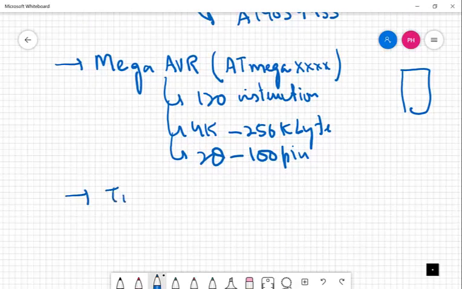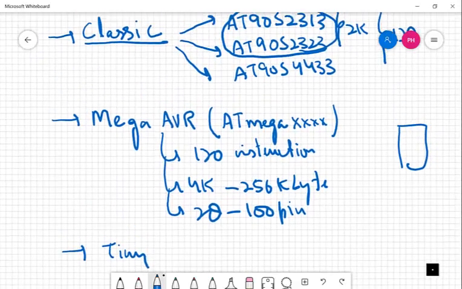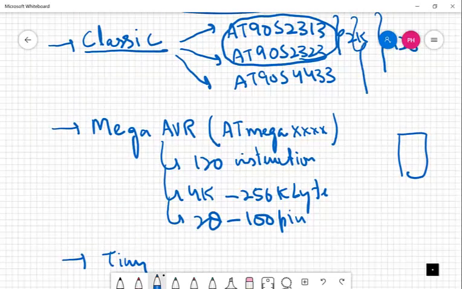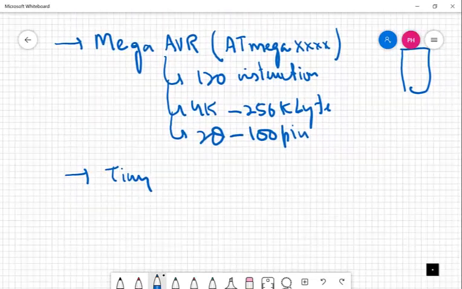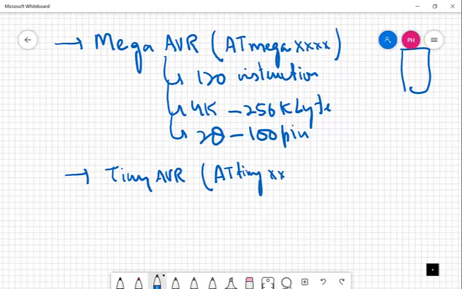We have also got tiny. You should remember that classic AVR microcontrollers are not manufactured or used nowadays. We have tiny AVR. The general name here is tiny, then some number.